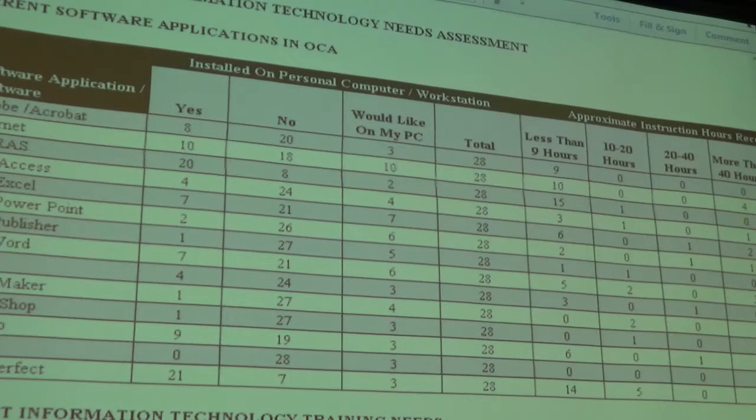Looking at it vertically, that means that there's going to be different needs. Some individuals need training on particular types of software, and others need less training for different software. So you can identify those areas vertically which require the most training. You can look at the number of PCs that actually need it.